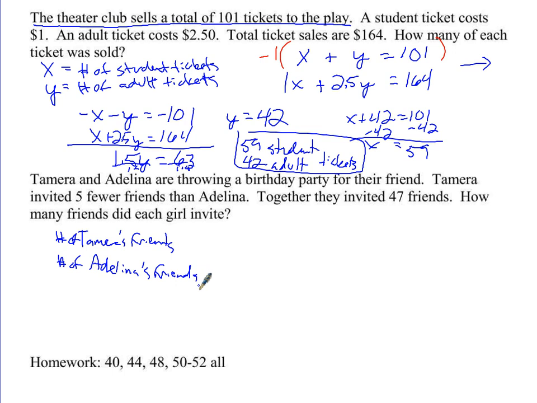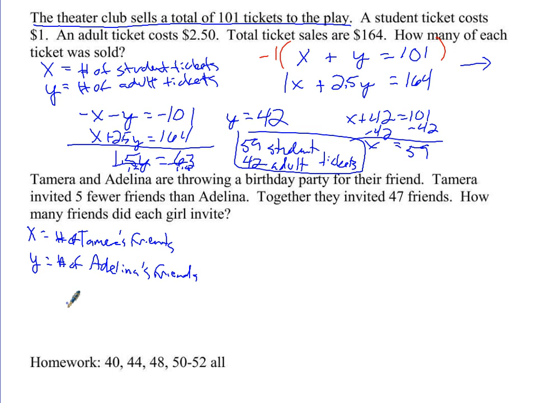Okay, so now that we know who's who, what letters did you use? X and Y. How many of you called X Tamara? How many of you called Y Tamara? All right, so just by majority, I'm going to go with X here and Y here. If you have them reversed, then you're still going to wind up with the same answer.